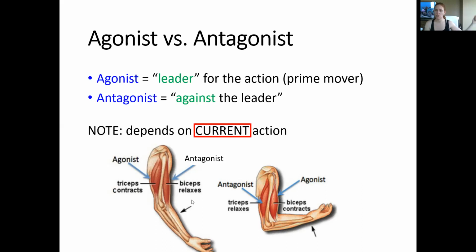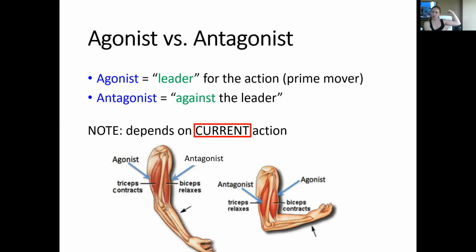So for example, let's look at the arm right here. If you are flexing the arm, the one doing the majority of the work would be the biceps brachii right here. Okay, so that would be the agonist. The one that is going to oppose that movement is the triceps brachii, and that's going against the biceps brachii, so that would be the antagonist.